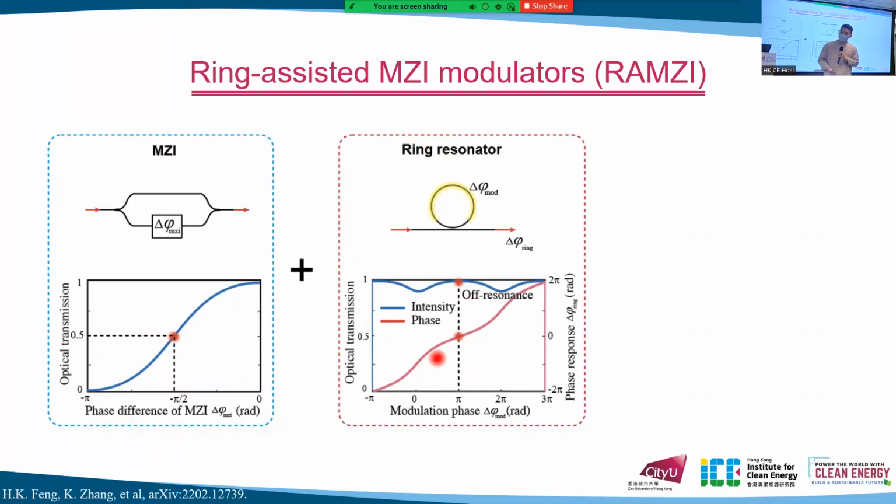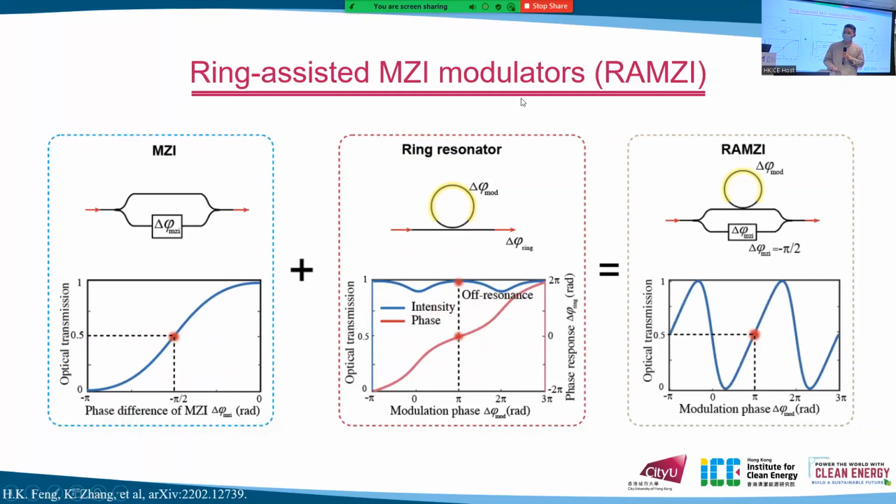What we can do is have different phase without losing optical intensity. So we can combine these together, which means this is a ring-assisted MZI modulator, RA-MZI. In this way, we can see that the output spectrum has a very linear profile.